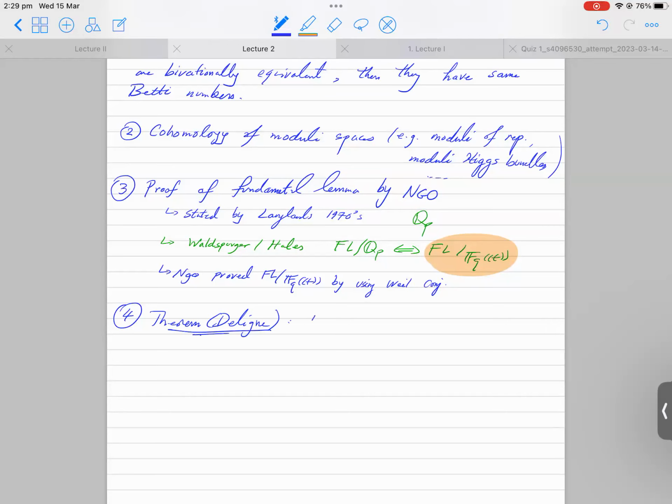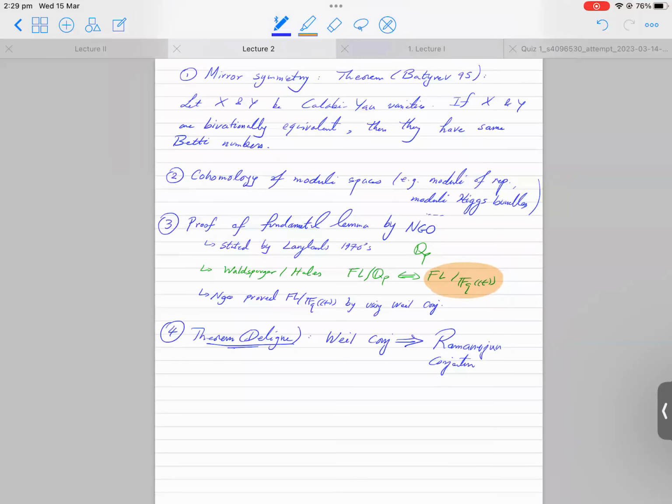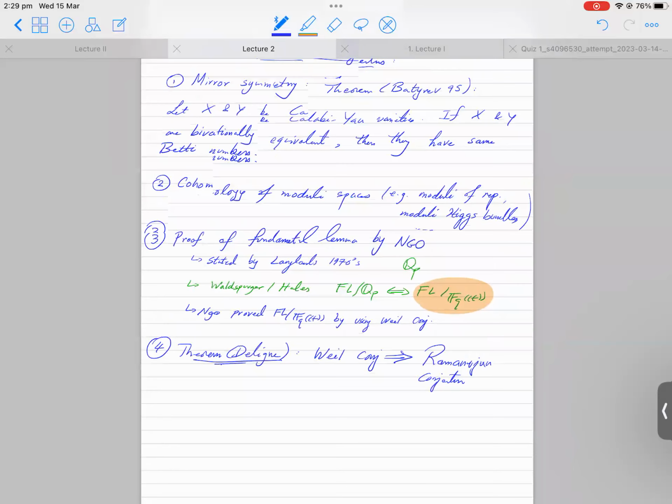Deligne showed that the Weil conjectures imply what's called the Ramanujan conjecture. I want to spend a few minutes talking about the Ramanujan conjecture because it's really beautiful. Our lectures are supposed to be informal and have historical interludes, so we can have a bit of fun. I'm going to talk more about this fourth one.